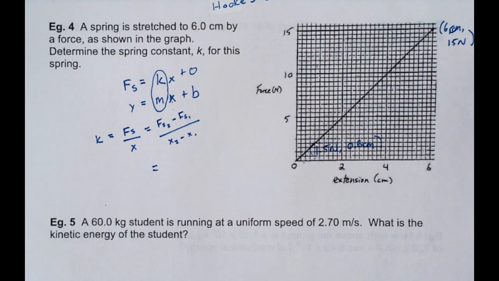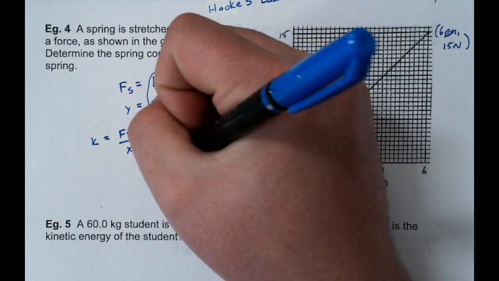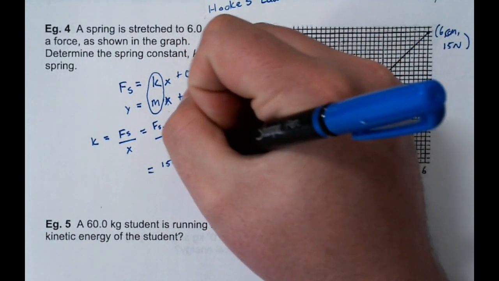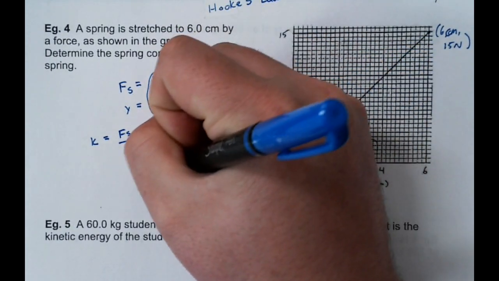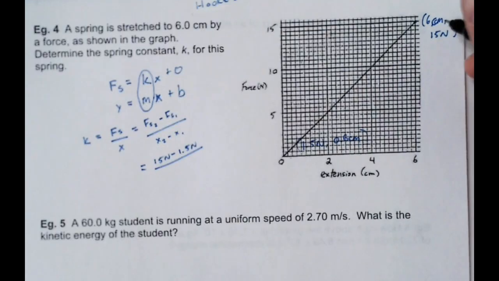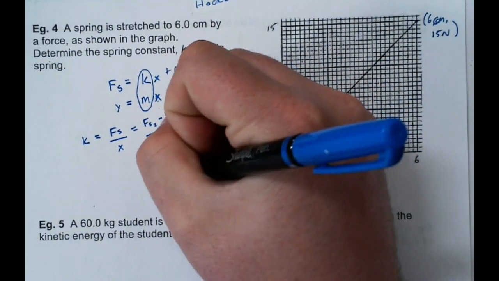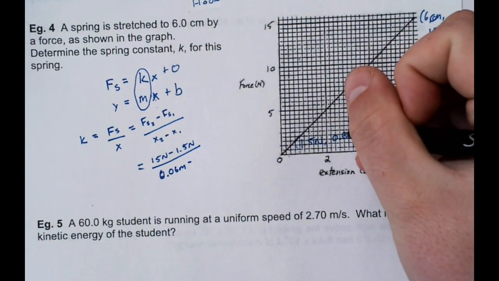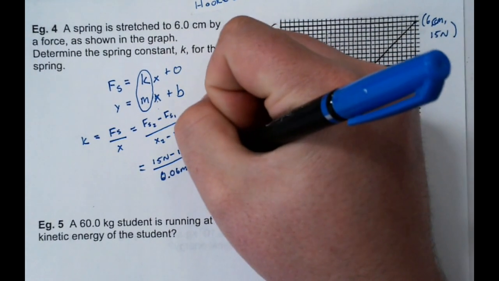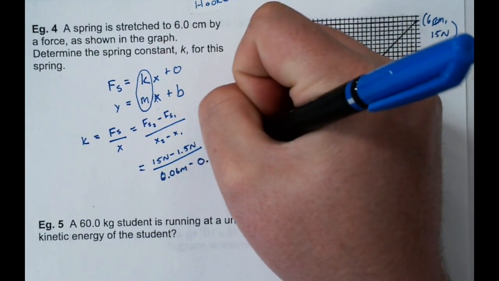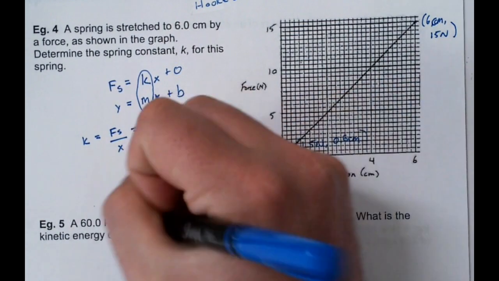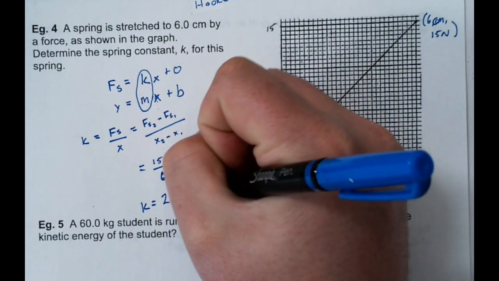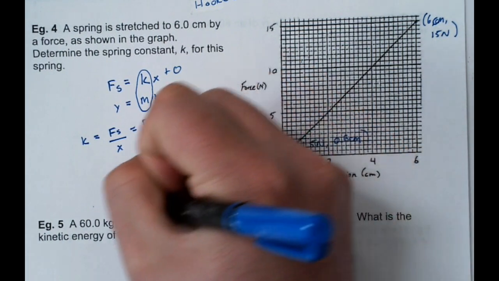So our second point for force is 15 newtons minus our first point, 1.5 newtons, divided by 6 centimeters, or 0.06 meters, minus 0.6 centimeters, or 0.006 meters. That's going to give us a spring constant of 250 newtons per meter.